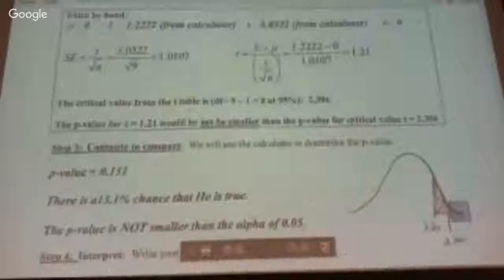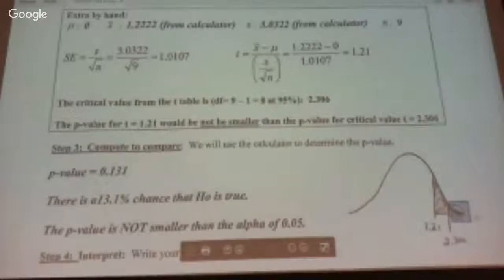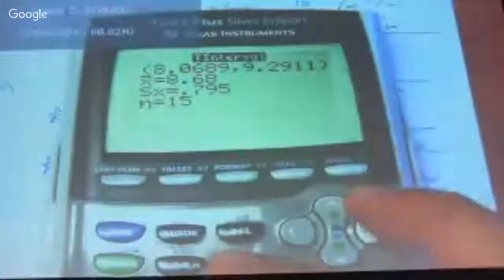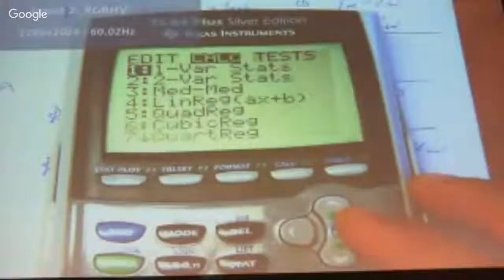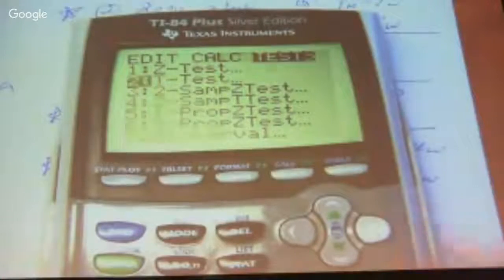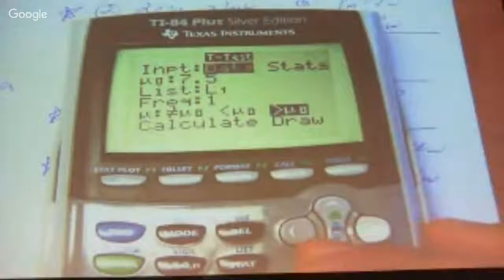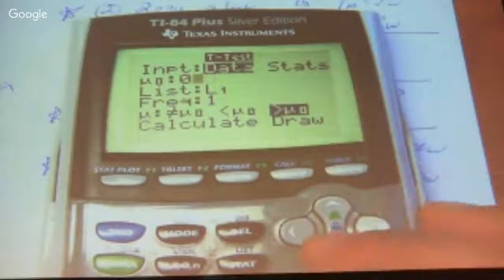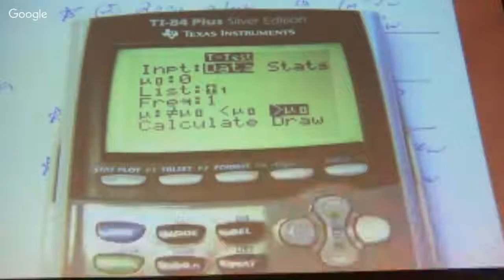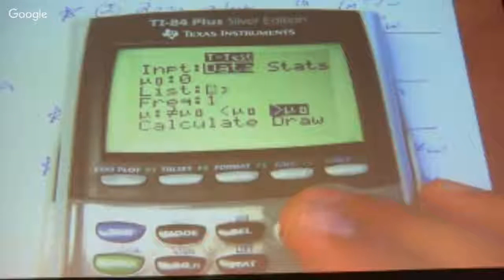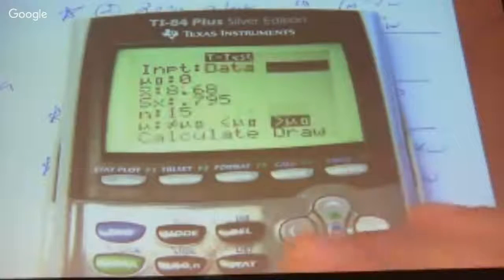So again, because I didn't put the data in, I'll do it the stats way. So if we go to the calculator, stat, test, it's just a t-test again. If I had the data in the calculator, which is what you do at home, you would use data and refer to the difference list where mu is 0, like list 3. But I'm going to do it with the stats because I don't have the data in the calculator.